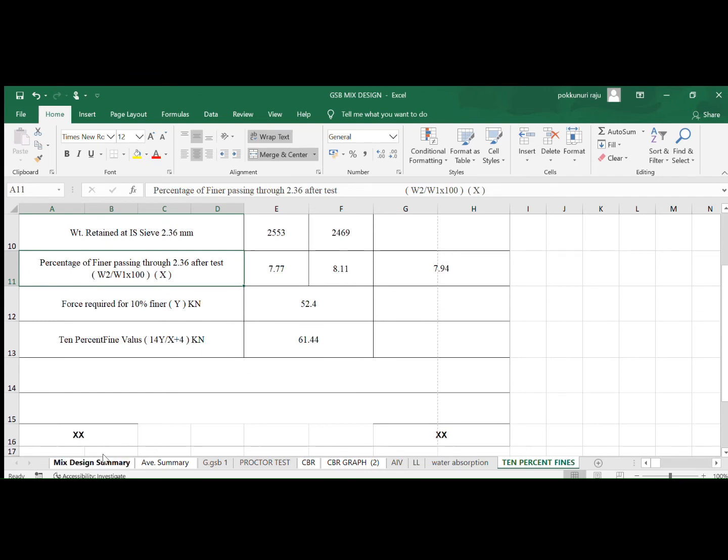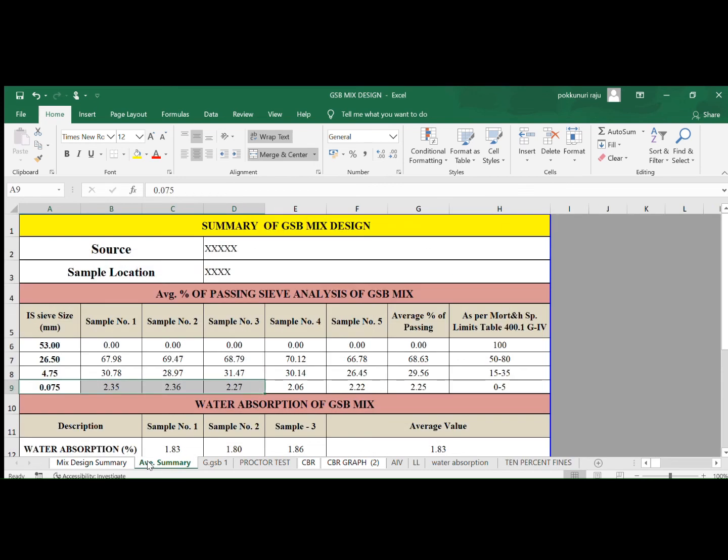Once all the gradings are frozen and the tests are conducted, the average summary is noted down. The average percentage passing on the GSB material is meeting the requirements specified in grading 4.